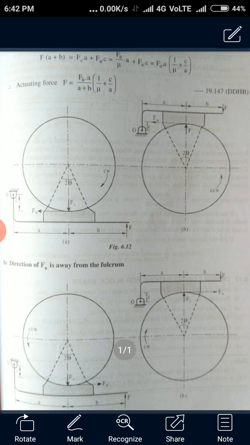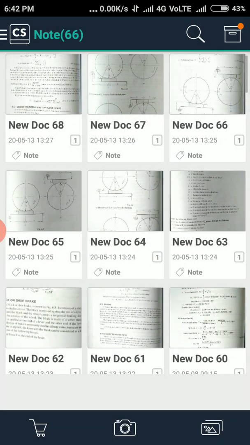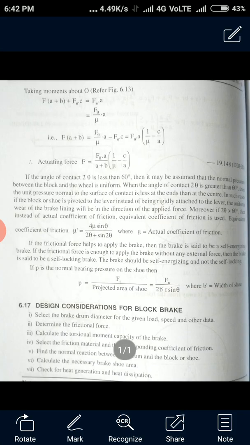In this case, the formula applied is F equal to F theta A divided by A plus B into bracket 1 by mu minus C by A.